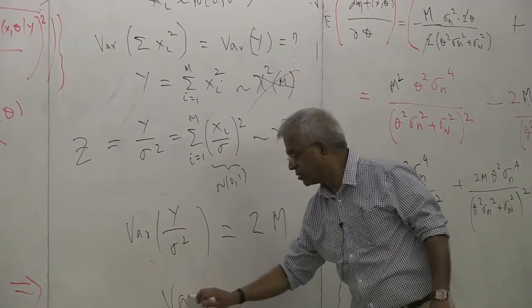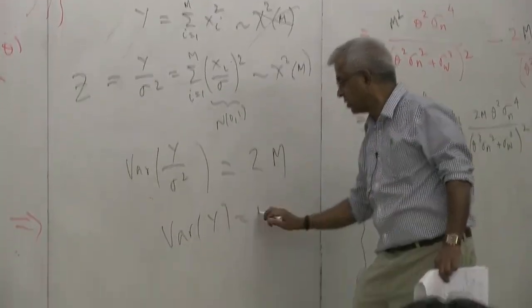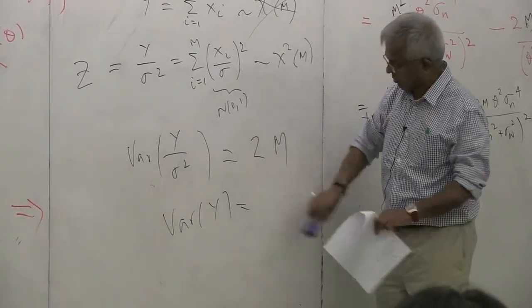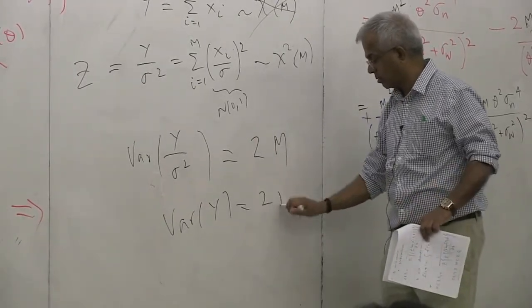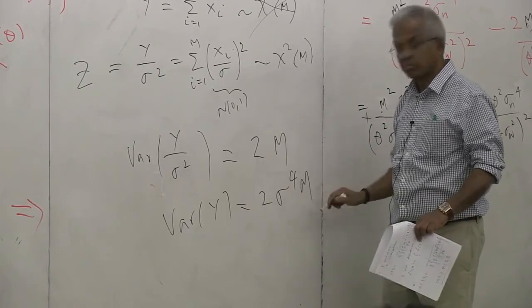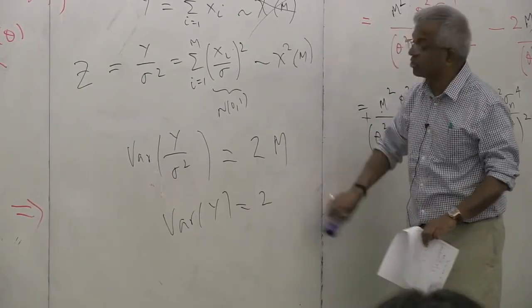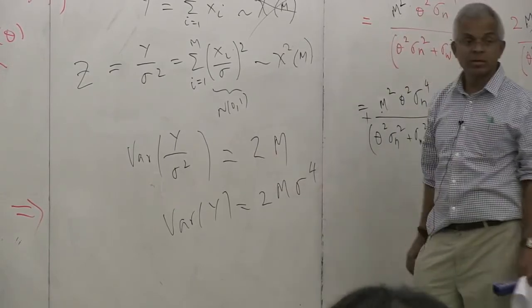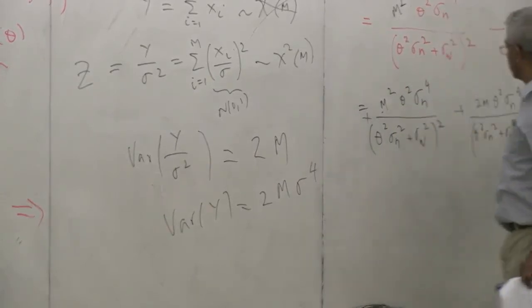So of course the variance of y is sigma to the fourth times 2m, because the constant will come out as a square, right? That's what I used here.